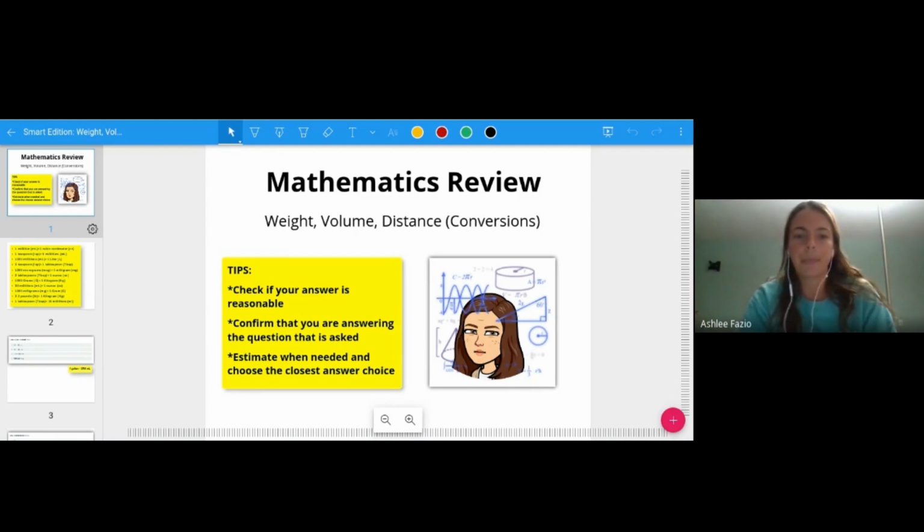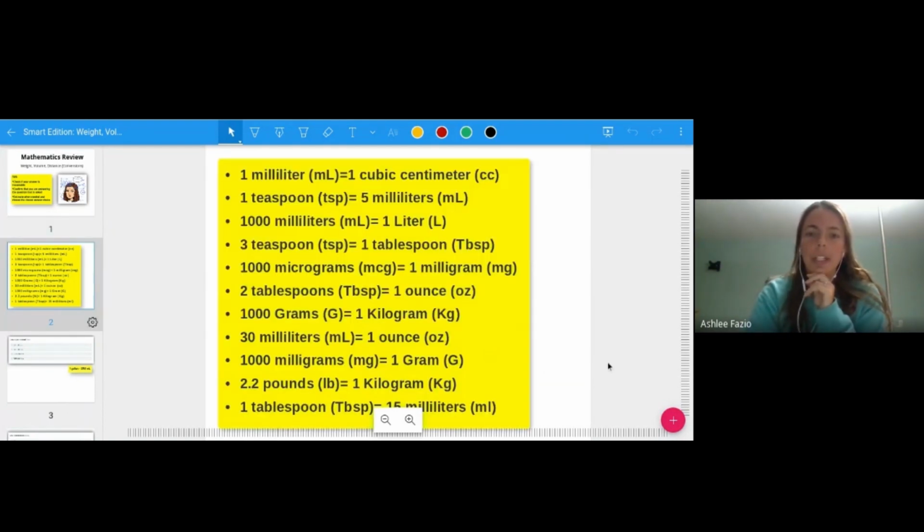Okay, so I'm going to pull up just a quick screen of a few of the many different conversions that you will want to know and have handy. This is, again, not an exhaustive list, just a few, and you'll notice that there's a lot of different types of conversions here. We have some things that go from the metric system to our standard English system.